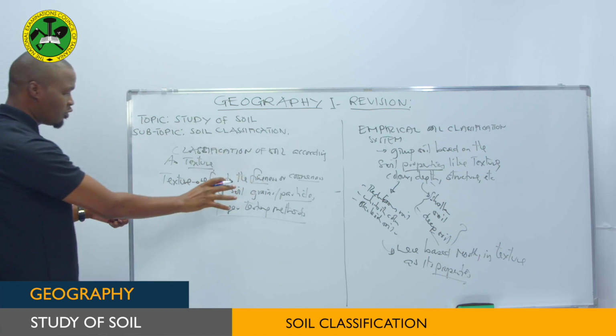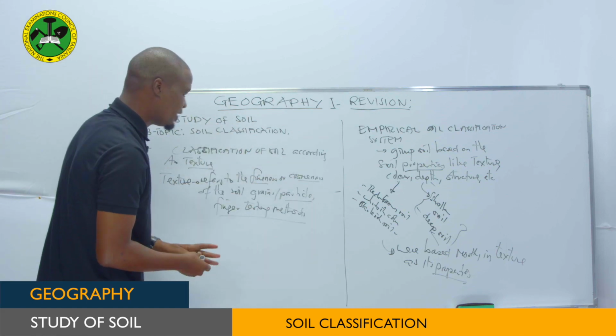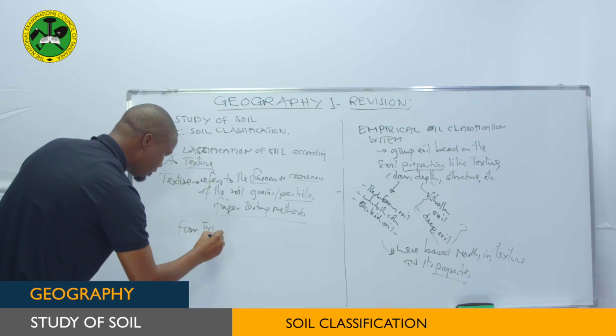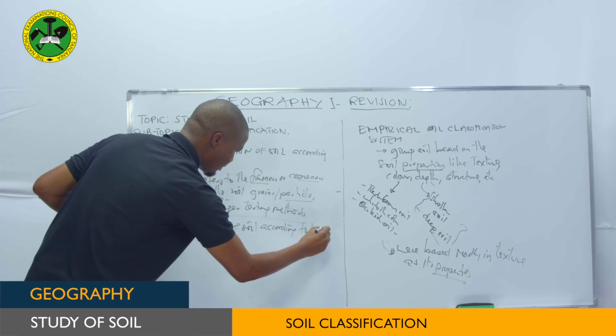So according to the empirical classification system based on soil texture, we have four types of soil according to texture.